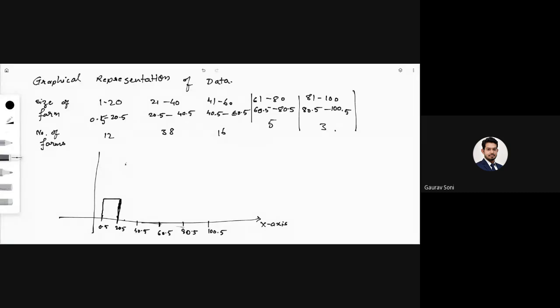Then 20.5 to 40.5, it is 38. Then there is 16. Then it is 5. And it is 3.